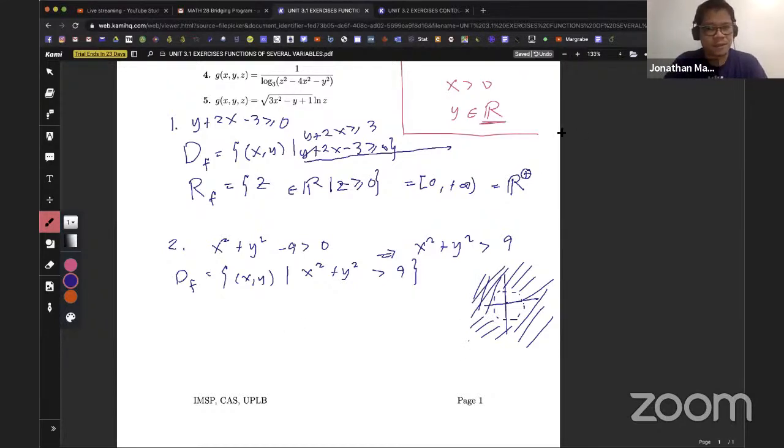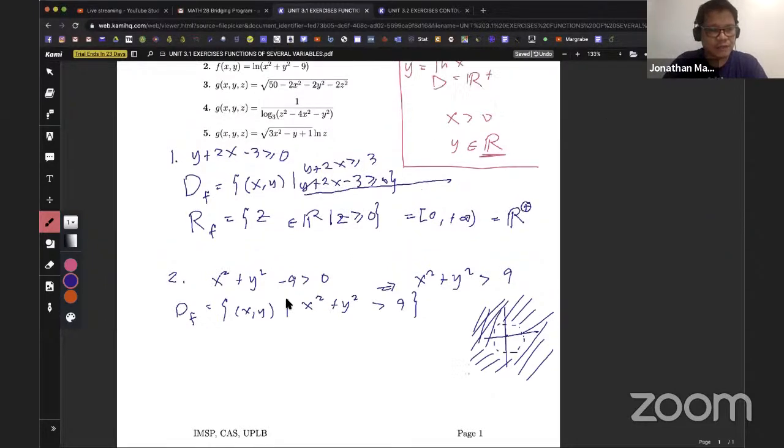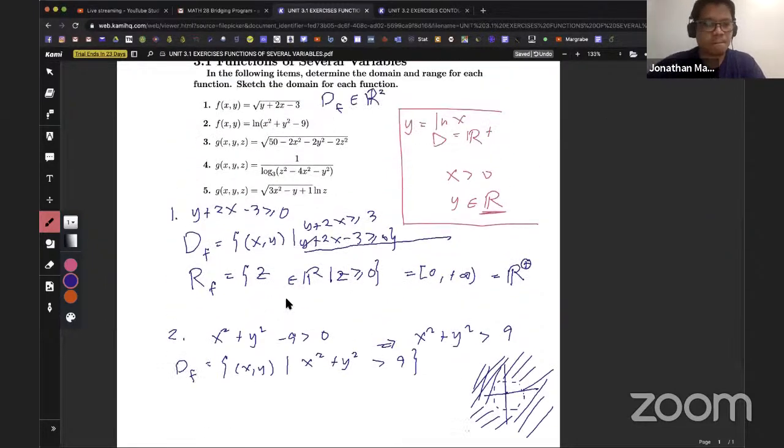Okay, how about the range of the function?